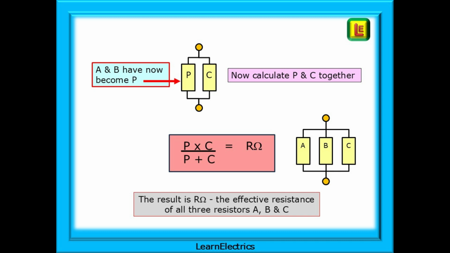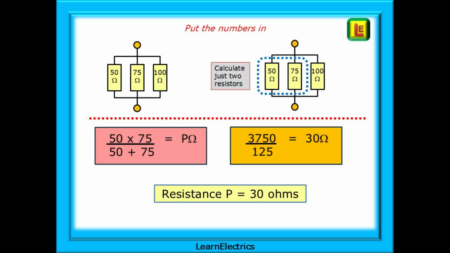This will give you the final answer, which I've called resistance R. This is the effective resistance of the 3 original resistors. We can follow the method and put the numbers in now. For the 50 ohm and 75 ohm resistors, we have an effective resistance of 30 ohms, resistance P.